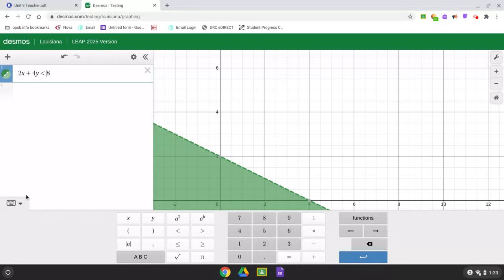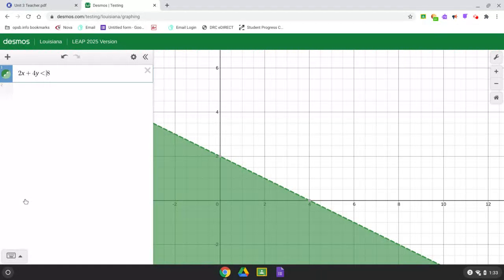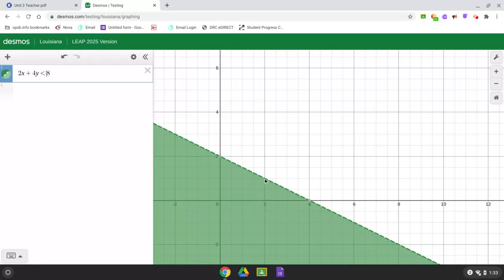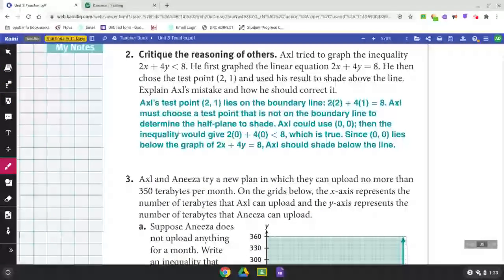Here is our graph. And he chose the point 2, 1, which is this point right here that I'm hovering my mouse over. That point lies on the dotted line. So because that point lies on the dotted line, it's not going to tell you which half plane to shade. It would only tell you if it's dotted or solid.